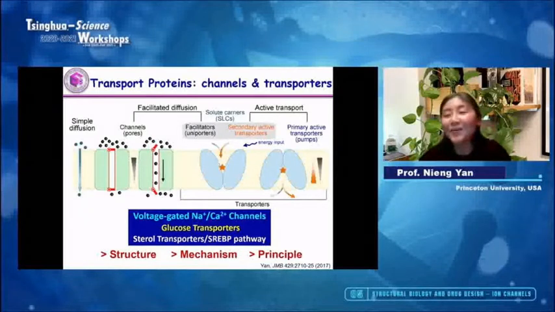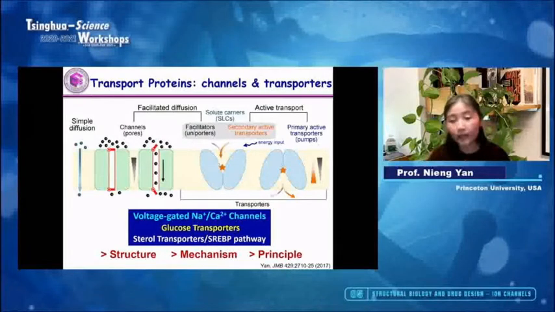All right, so as Hongwei just mentioned, since 2007, my lab has been focusing on the structural and mechanistic investigation of membrane transport proteins. Because I have prepared too many slides, I will skip this introduction, but simply put, membrane transport is an essential physiological process.